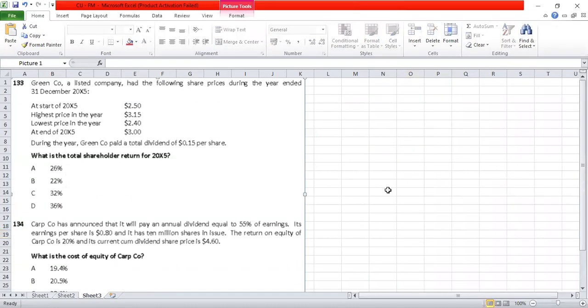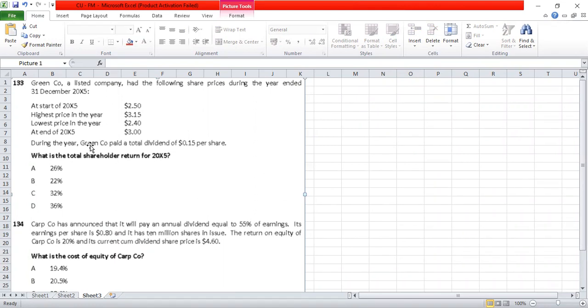I've pasted these two questions here in the Excel sheet. The question says Green Company, a listed company, had the following share prices during the year ended 31st December 20x5.